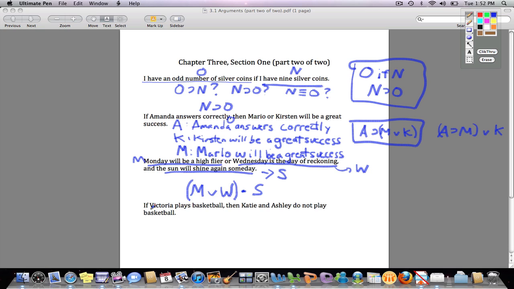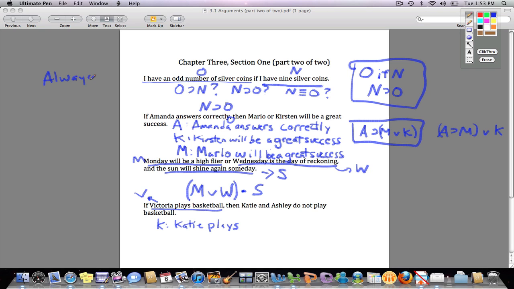Alright, this time I think we're running a little bit short on time, so I'm just also going to abbreviate. We'll abbreviate this. It actually appears exactly here. Victoria plays basketball, we'll say V. And then K for Katie, watch what I'm doing here, plays basketball. We cannot have the negation. Okay, let's make a note off to the side here.